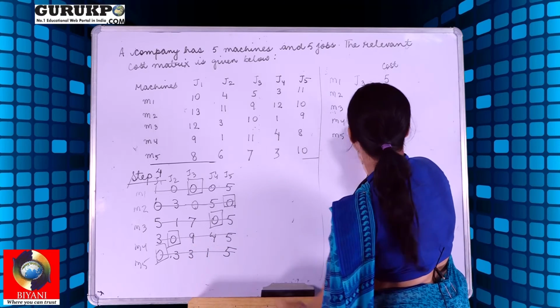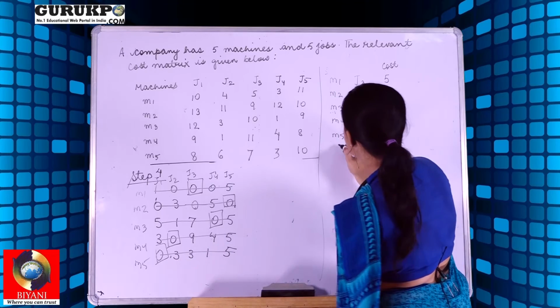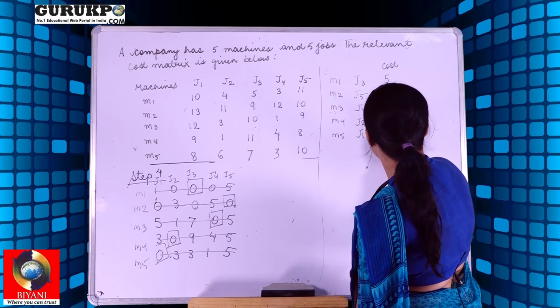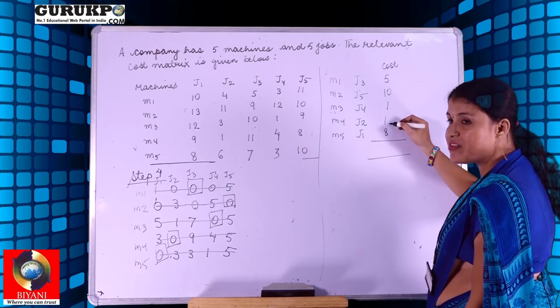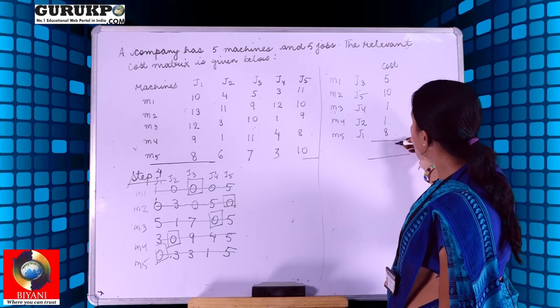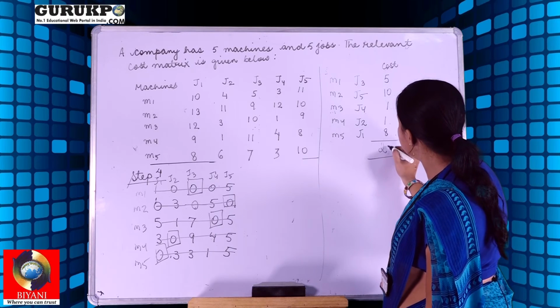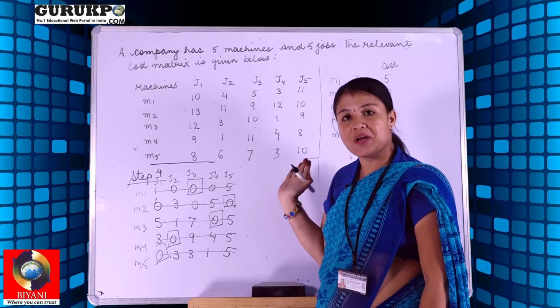For M4 it's J2 and the value is 1. And for M5 the job is J1 and the value is 8. Now totaling it, 15, 16, 17 and 8, we have concluded our cost. Adding all these costs, it comes to 25. So the answer for our assignment problem is 25.